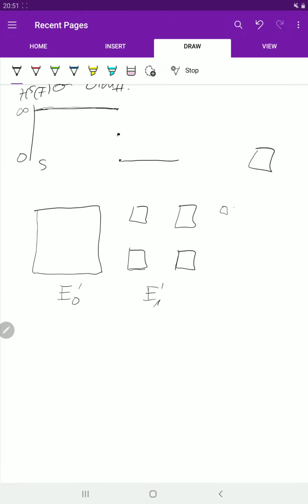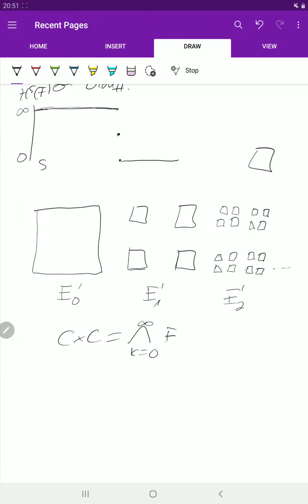And then we have here E2 prime, so let me just give you the complete picture. And then we go on, and we have seen that this is equal to the intersection of these Ek primes.